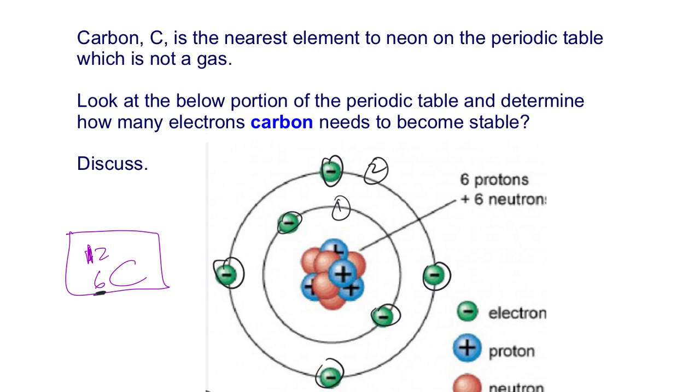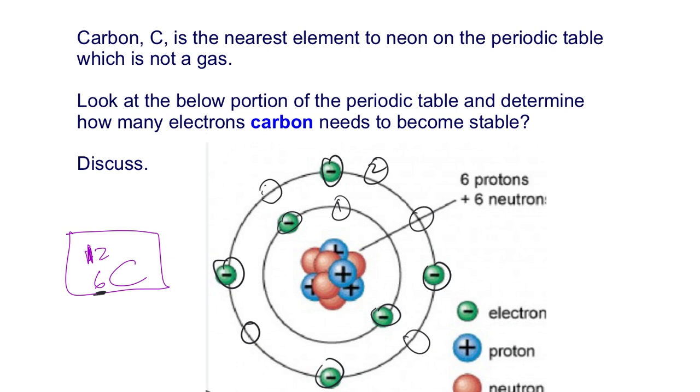So how many more electrons does carbon need before it's stable? Well, it has 4 in its outer shell. What makes the outer shell full and makes the atom stable? 8, if the first shell is not the outer shell. So carbon has 4 more places to form bonds.